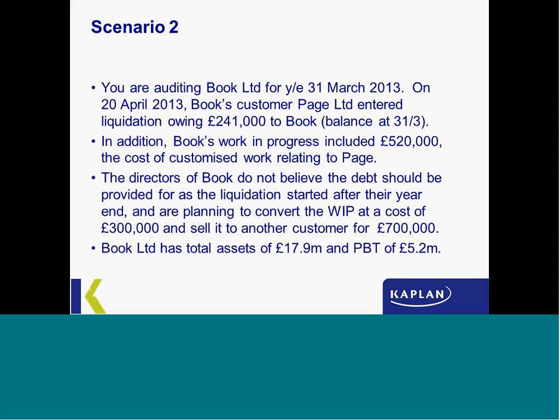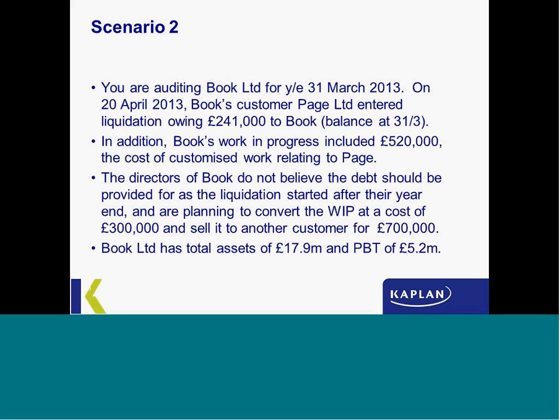So overall, I would do my opinion based on both added together. What would it be? Any answers? Good. Qualified: statements are true and fair except for receivables, which are overstated by 241, and inventory, which is overstated by 120k.